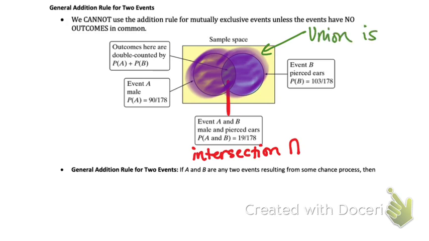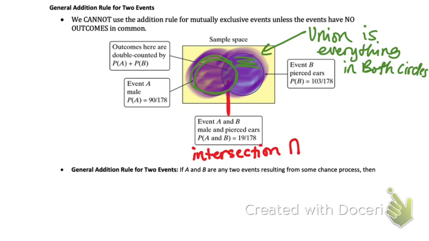The union is everything in both circles. Now, how you decide to add all that up is up to you. You could even do the A circle and then the B only part. You could literally do this so many different ways.